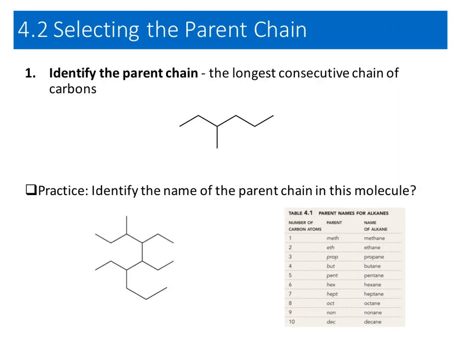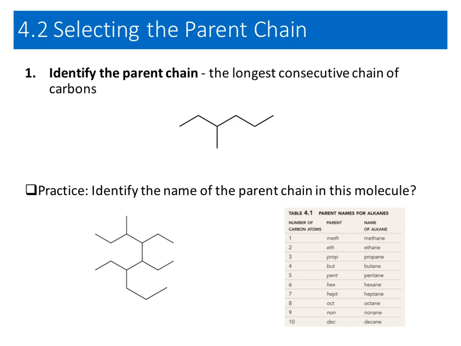We can also have branched alkanes. Sometimes there are more than one chain to identify when you have branched alkanes. In this case, the parent chain is the chain with the highest number of carbons, or the longest chain. So if you look at this example here, I can count the number of carbons from here: 1, 2, 3, 4, 5. This is one root. I can count from here 1, 2, 3, 4. This is another root. Or I can count 1, 2, 3, 4, 5, 6.